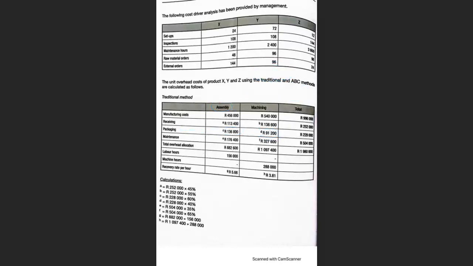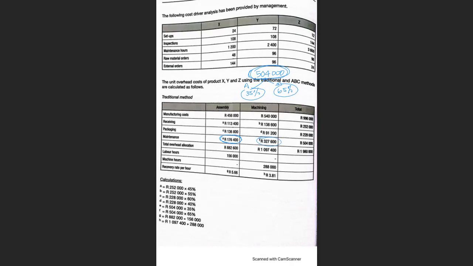So of the 504,000 rand, you're going to say that 35% is going to the assembling department, 65% is going to the machining department. So 504,000 times 35% gave you the 176,400, and 504,000 times the 65% gave you the 327,600.